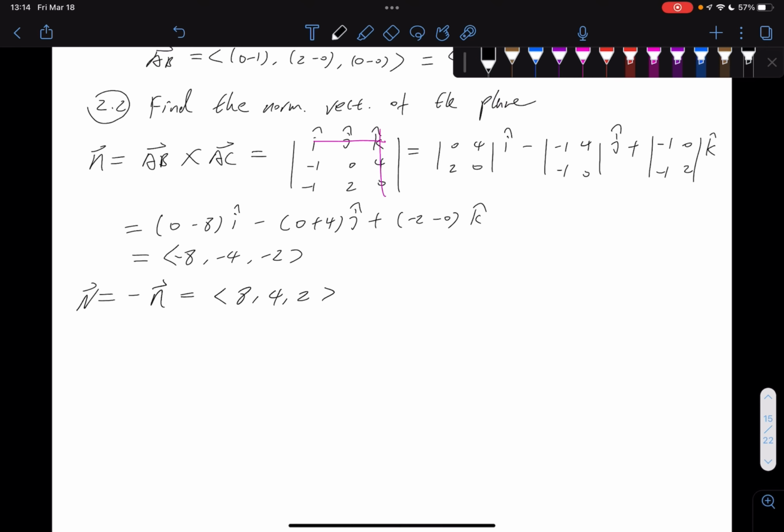All right. So 2.3, find the equation of the plane. We need a point and a normal vector.